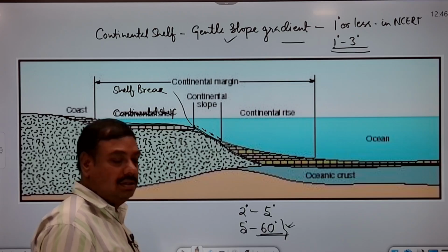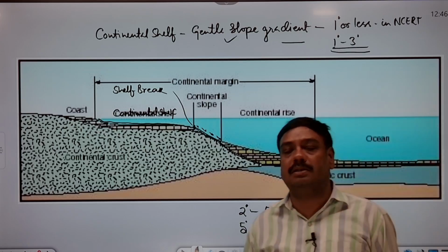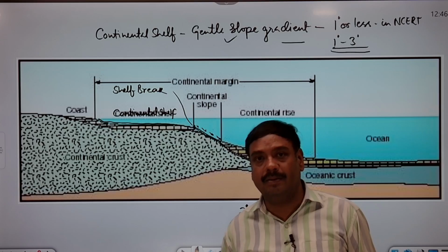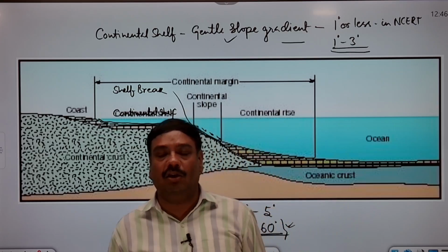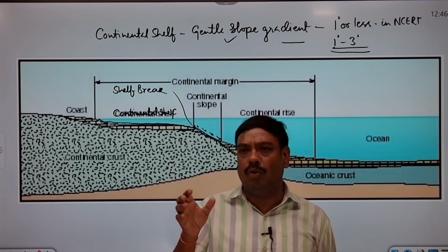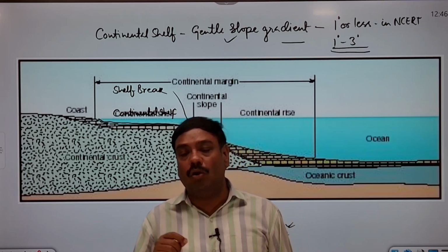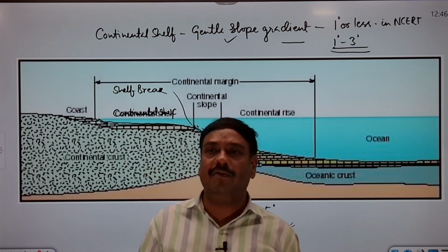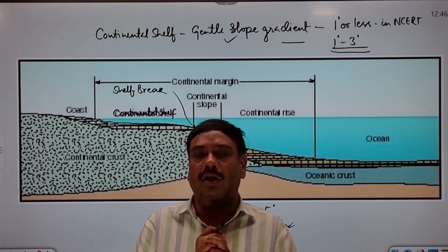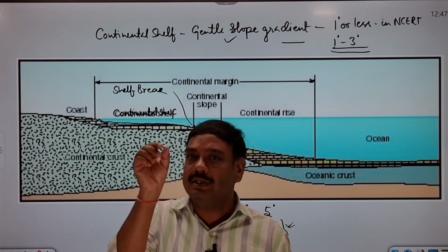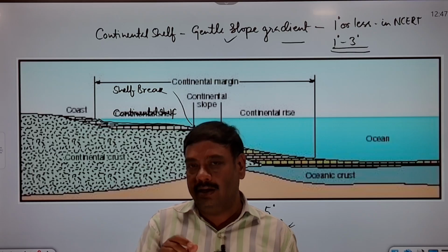One thing I would like to discuss here, that when you open your atlas, say you have opened the physical map of the world, there you can find that along the margins of the continents, you have some white colored line, white colored region.